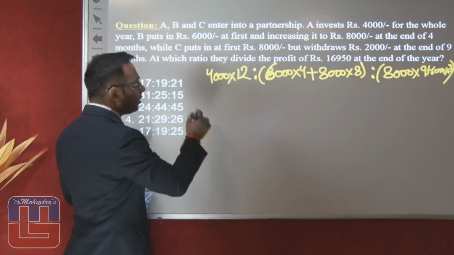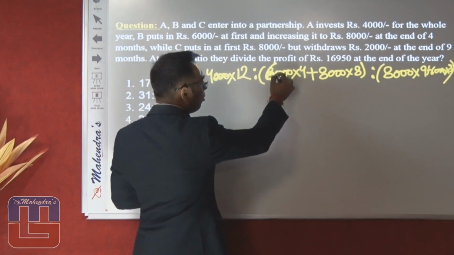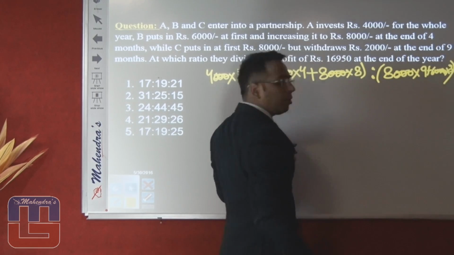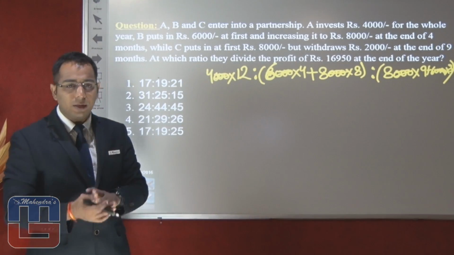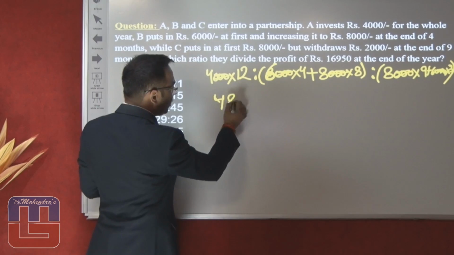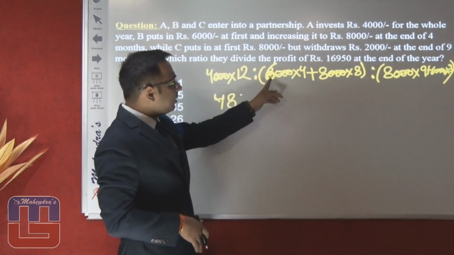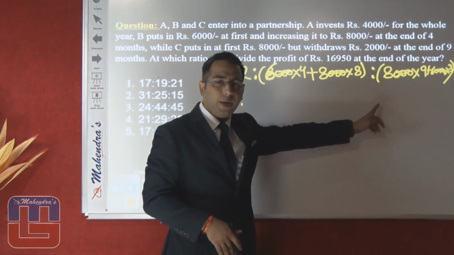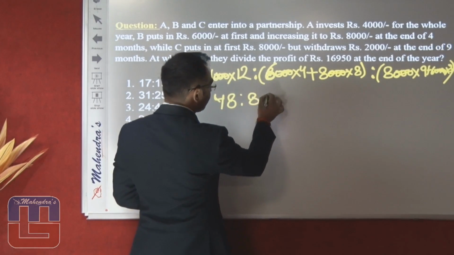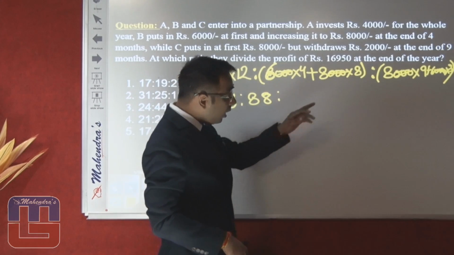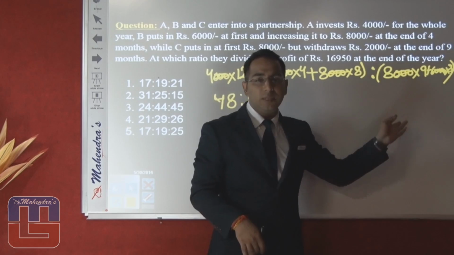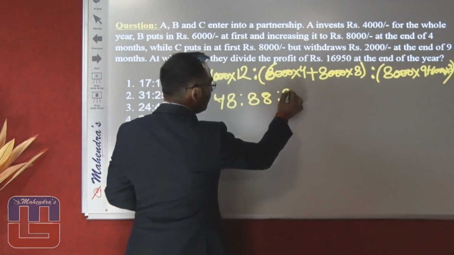Now the ratio will be, see here we can divide the whole equation by 1,000, because each term has 1,000 with it. Now we can reduce it into simple form. 4 into 12, 48. 6 into 4, 24. 8 into 8, 64. 24 plus 64 is 88. 8 into 9, 72. 6 into 3, 18. 72 plus 18 is 90.